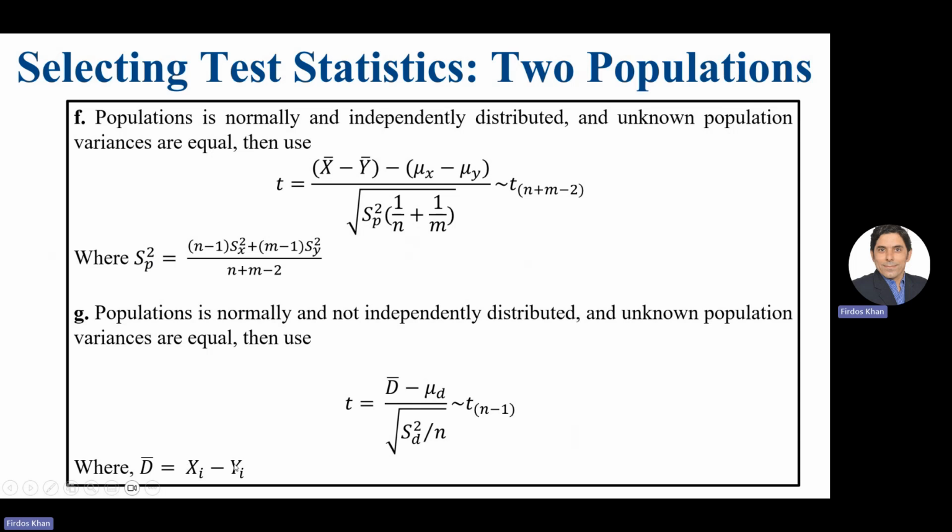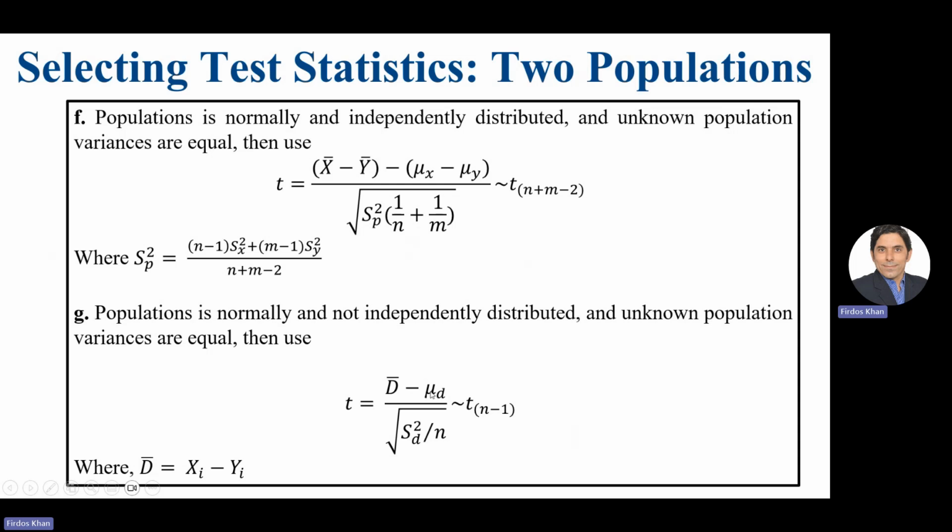You can write the summation of xi minus yi divided by n, that will be D bar. But this is Di, not D bar. So you calculate Di equal to xi minus yi, then you calculate the mean of that series, and that is D bar.